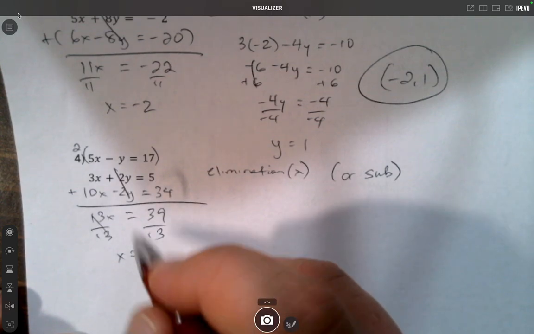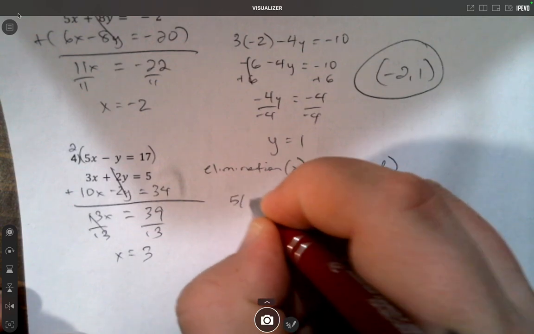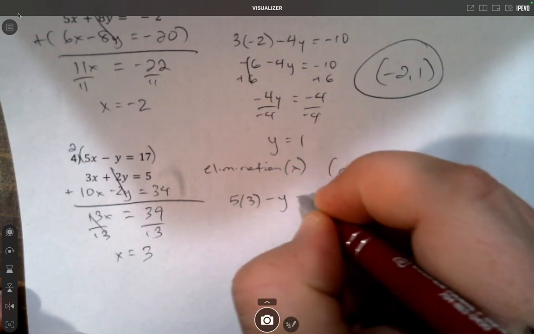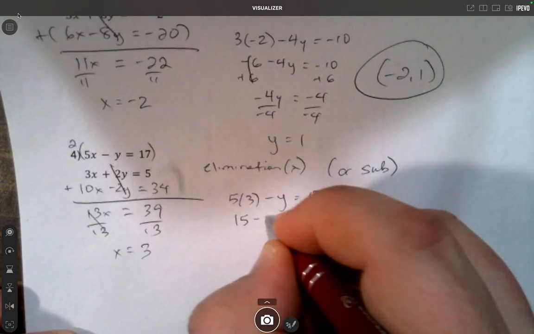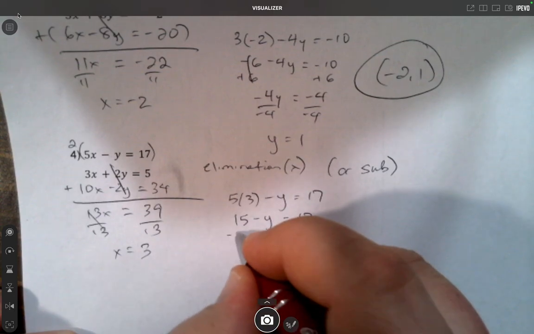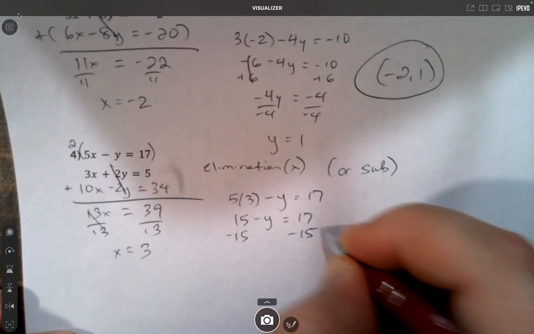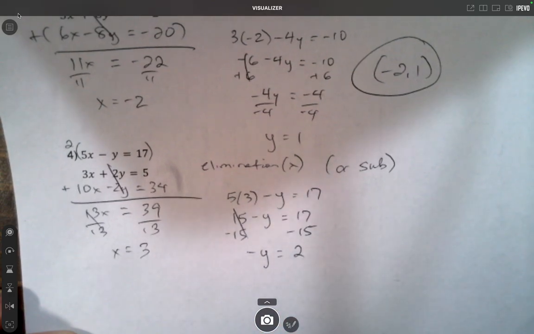You can plug in 3 into any one of these equations. I'll just plug in the top one, because that's how I roll. 5 times 3 minus y equals 17. 15 minus y equals 17. We subtract 15 from both sides, and we get negative y equals 2.